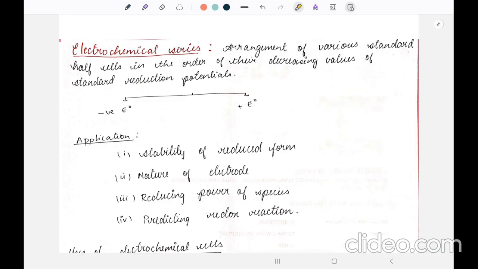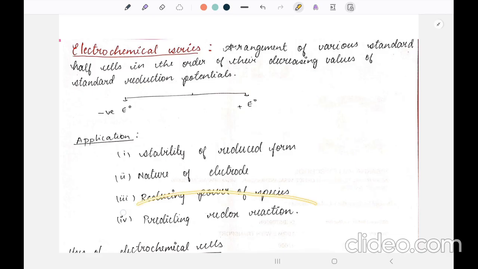The more negative the EMF value, the stronger is the reducing agent. The more positive the EMF value, the weaker is the reducing agent in comparison to hydrogen gas. In our electrochemical series, F2 will be at the top and Li+ will be at the bottom.